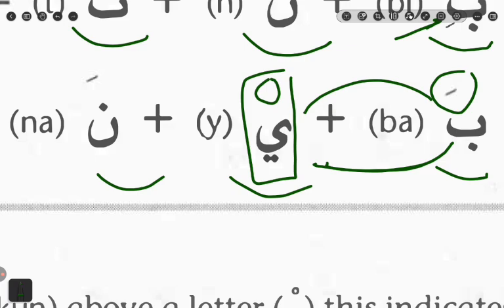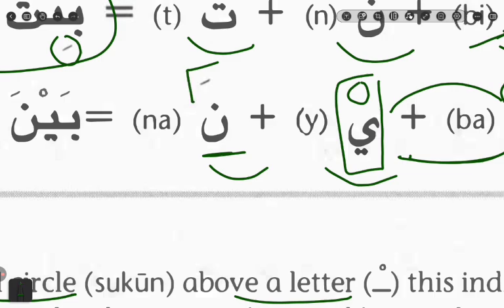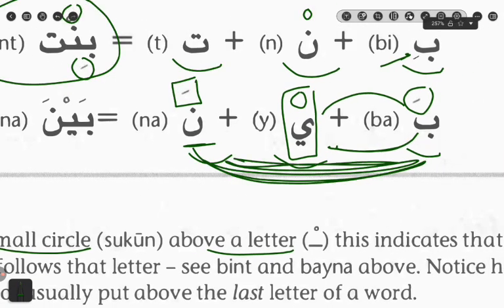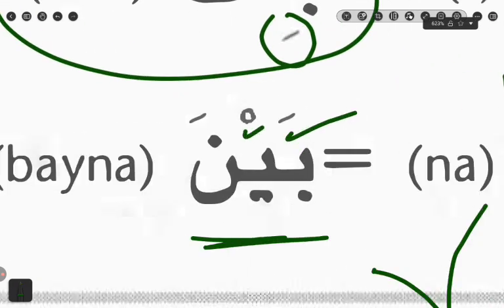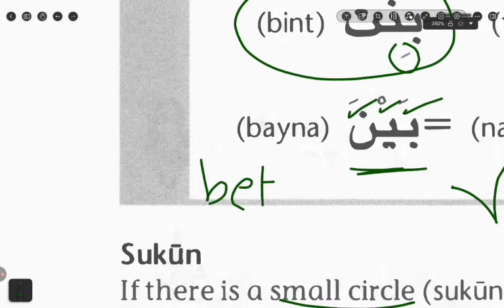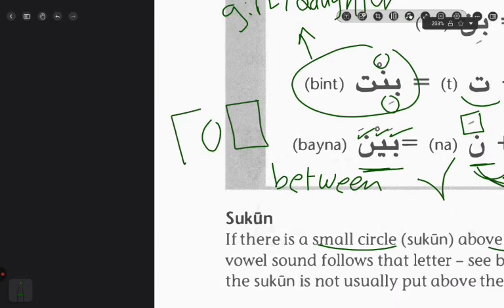And then we have the last letter, which is noon, and we add fatha, so if we connect all their pronunciations, it will be pronounced like bayna. This word, which is bayna, fatha ba, sukoon ya, and fatha noon, means between, when we have something between two other objects.